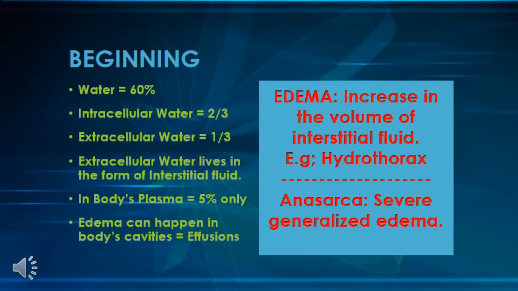First of all, we should take a review of the normal physiology of the human body. 60% of our body weight is due to water. This water is divided into two categories: intracellular water, meaning fluid present inside the cells, in the cytoplasm, involved in many biochemical mechanisms.